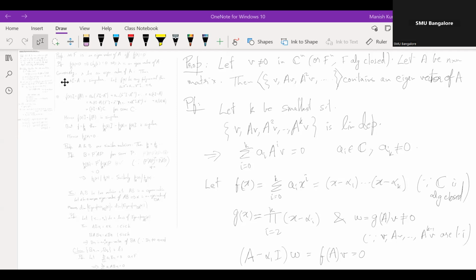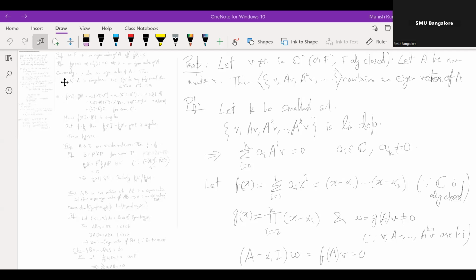So all the a_i's would be 0, which contradicts linear independence. So a_k must be non-zero.